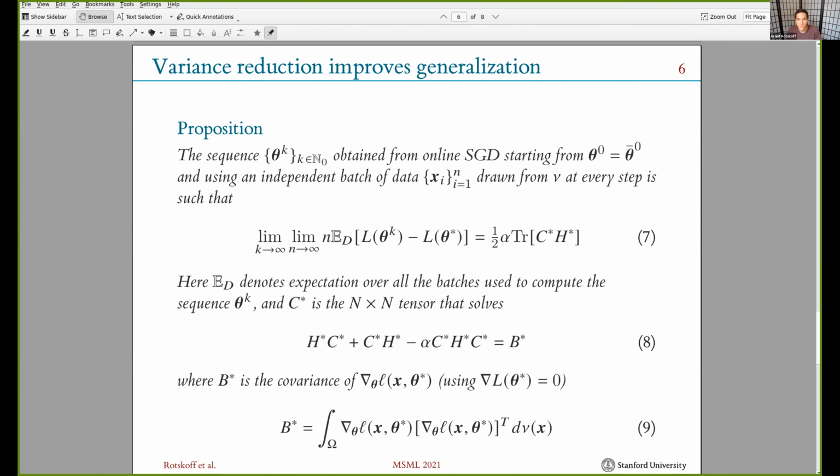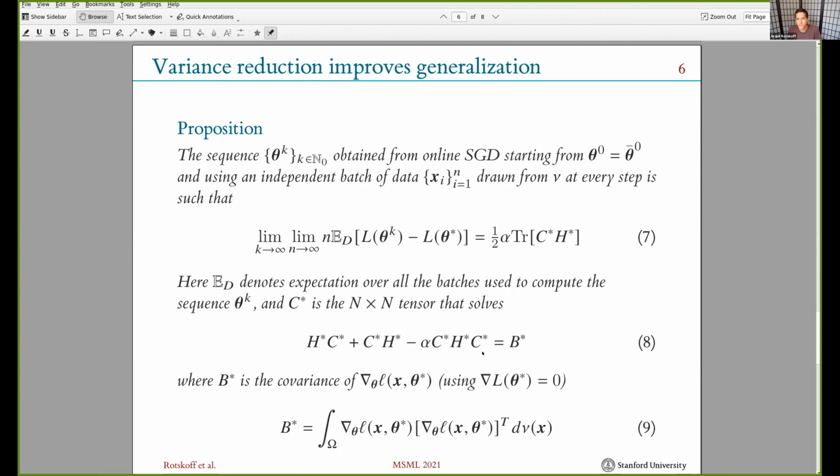So the goal is then to figure out a way of improving the generalization error by sampling better. So we prove a little proposition, which essentially says that for dynamics obtained from an online stochastic gradient descent for the parameters, so those are the thetas, the loss, so the generalization gap, is controlled by a quantity that is explicit. So it's this trace of C star times the Hessian of the minimizer.